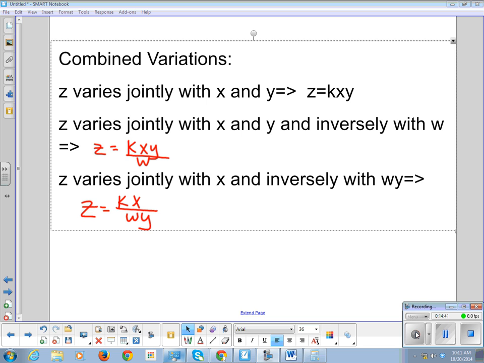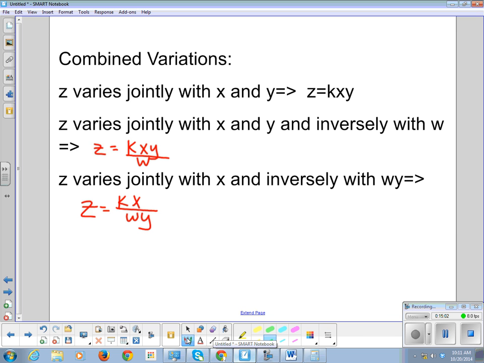All right, so we're going to talk about combined variations and how it looks equation-wise given the words. If z varies jointly with x and y, then your equation looks like z equals our constant of variation times x times y.